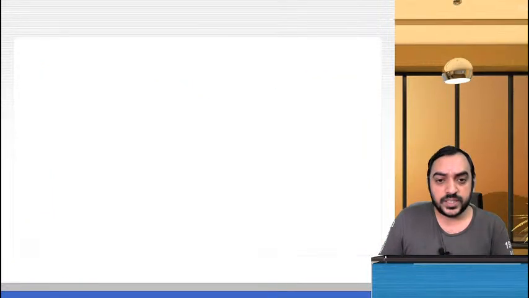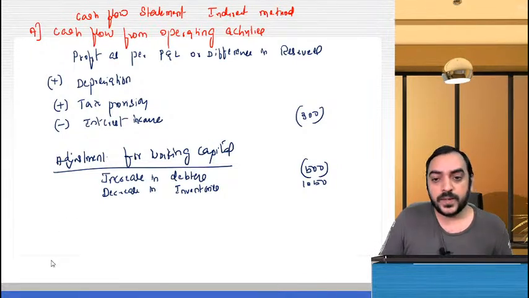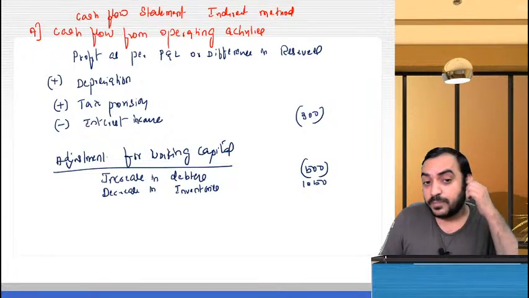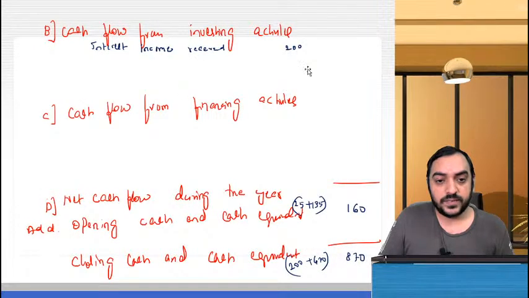So let me do those adjustments. Depreciation, I've already taken the amount. Let us add back: the depreciation amount to be added back is 450. Then let me go to investing activities.